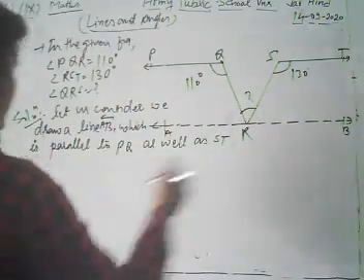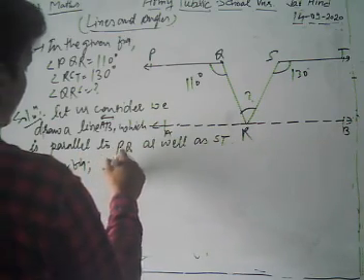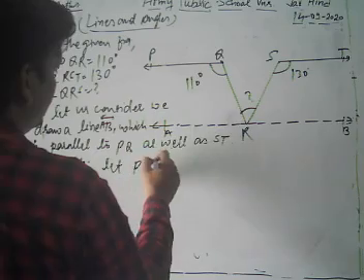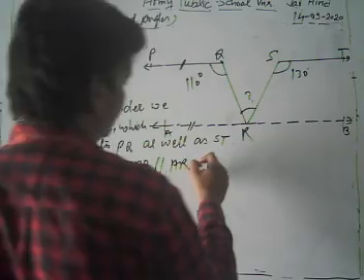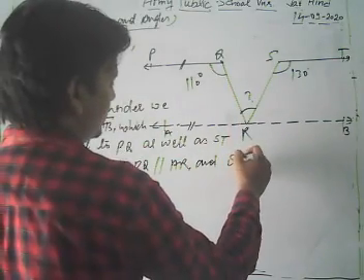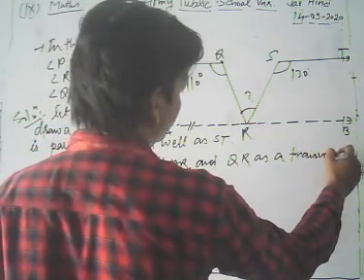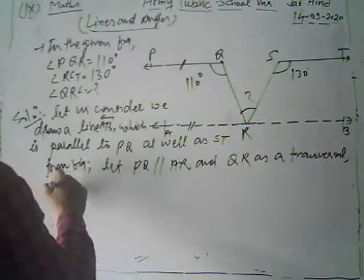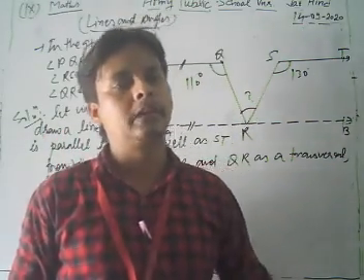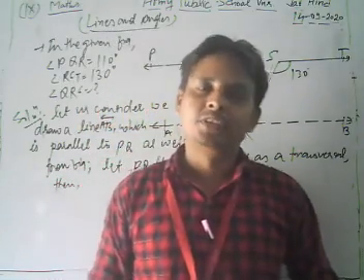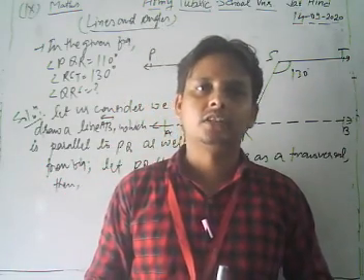Then, as I discussed in the previous class, if two parallel lines are cut by a transversal, then the pair of consecutive interior angles are supplementary to each other.